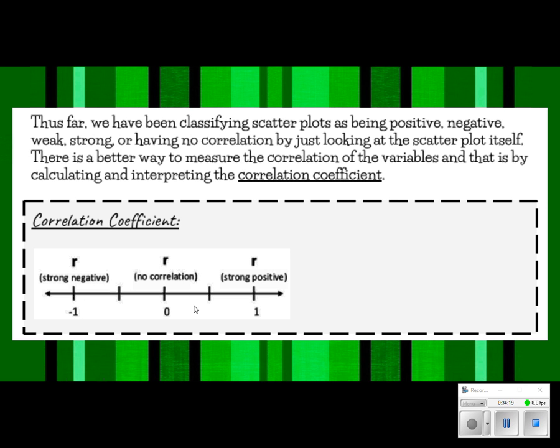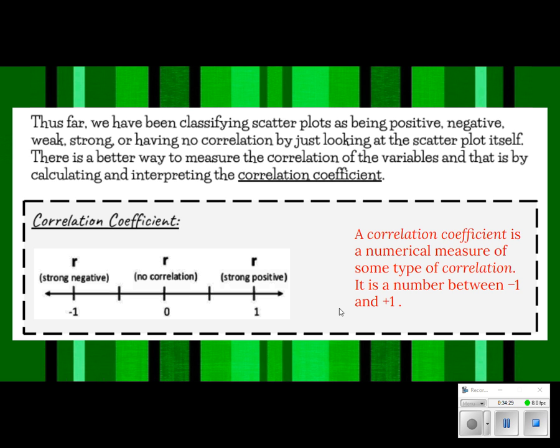So you've got to think either a -1 or a +1. And so negative numbers are just going to imply that you have a negative correlation. Positive numbers are going to imply a positive correlation. And so a correlation coefficient is a numerical measure of some type of correlation between -1 and 1. And so at this halfway point, we have a 0.5. It's a weak positive. And at -0.5, we've got a weak negative correlation coefficient.